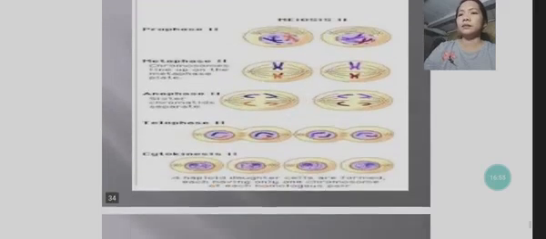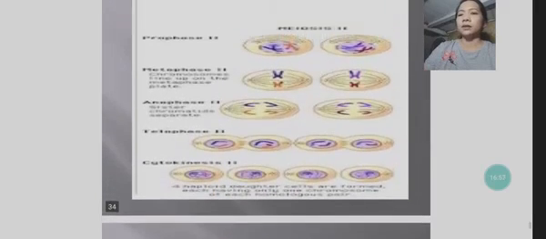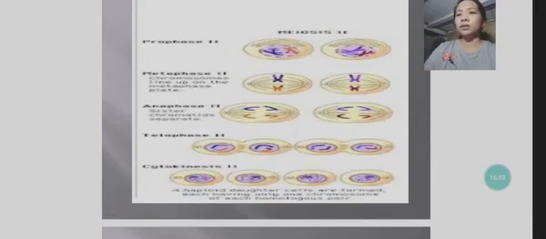Okay, that's the process of meiosis 2. In the prophase 2, the chromatin condenses. And then in metaphase 2, the chromosomes are aligned at the equator line. And the anaphase 2 is where the sister chromatids are pulling apart.